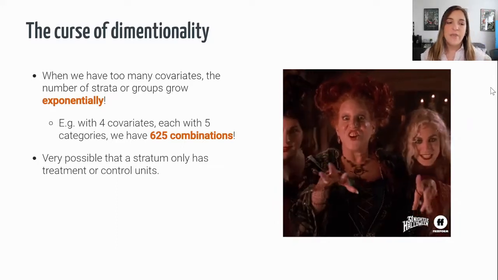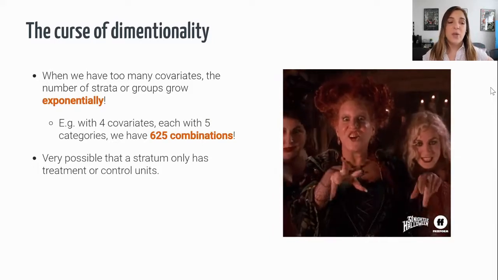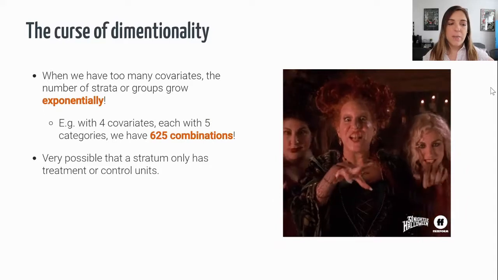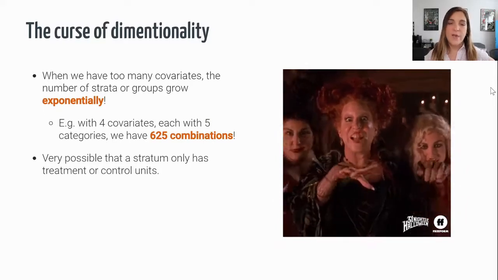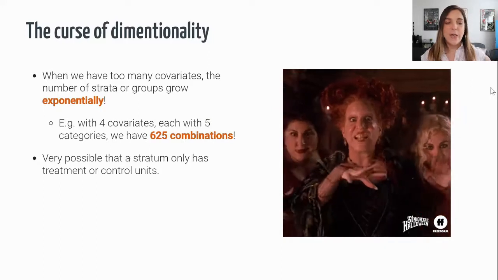So for instance, if you just had 4 covariates and each had 5 categories, then you would have 625 combinations. This is clearly a problem because 4 covariates with 5 categories each is not a lot. It's really not a lot of information in that sense. And you already have 625 combinations.